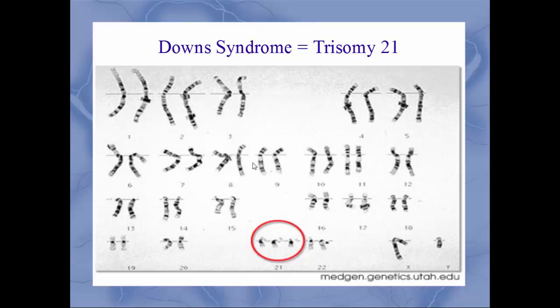So if you were to count all these, you'll end up getting 47, but instead of being two bodies here, there are three. 1, 2, 3. So trisomy 21 is Down syndrome. So without knowing anything else about this patient, just by looking at this one image, you can tell that this person will have Downs, and they're going to be male, X and Y. So a male with Down syndrome.